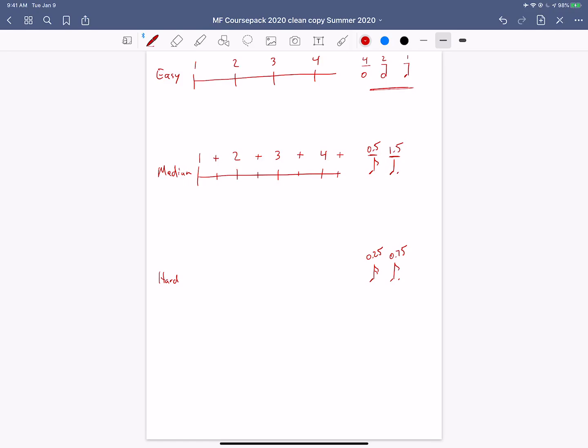Now, as you can probably see where this is going, when we get to hard rhythms, we're still going to keep our 1, 2, 3, 4. Again, if we were in 4/4, if we were in 3/4 or something else, we would count just a 3, or just a 2 if we were in 2/4. But given these rhythms here, it's no longer good enough to just count the ands, right? We need to be even more precise in this category.